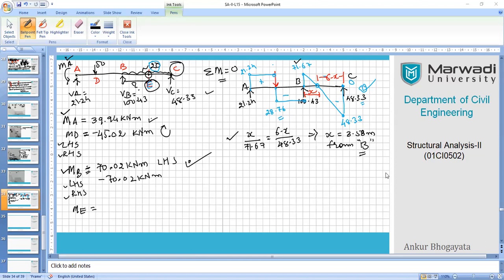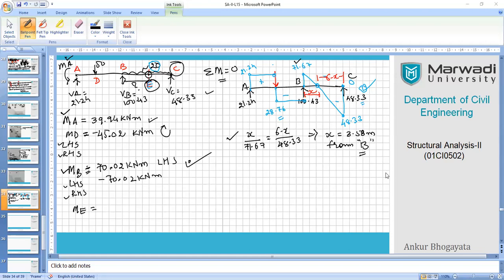And needless to add, that would be the point of maximum sagging moment. So there will be a positive moment at that location. At MD also we can expect some positive moment, and the rest of the moments are at joints, so they will be negative. So we'll be drawing the diagrams negative, negative and positive, positive. I'll show you how to do it. Since the support moments are always negative, you have to go for it accordingly.